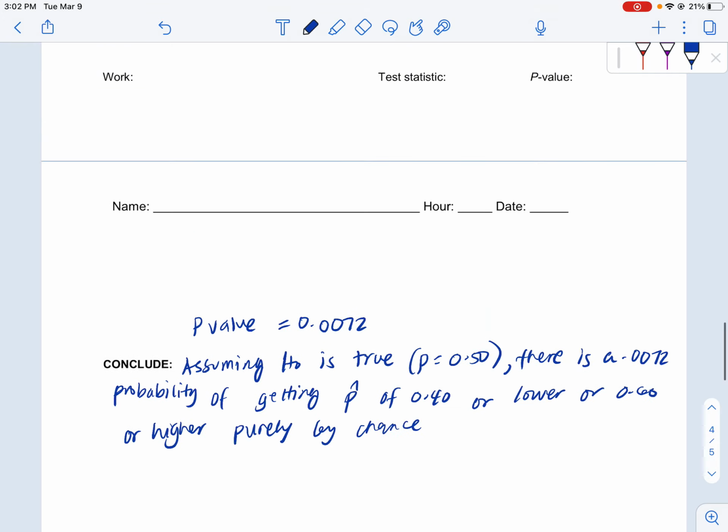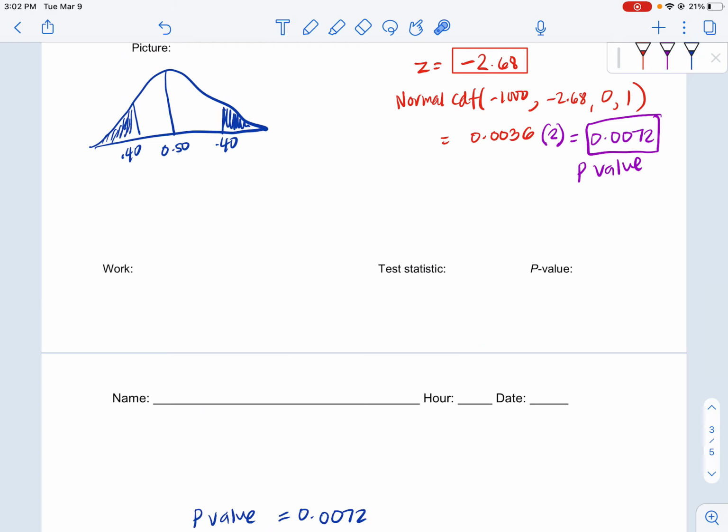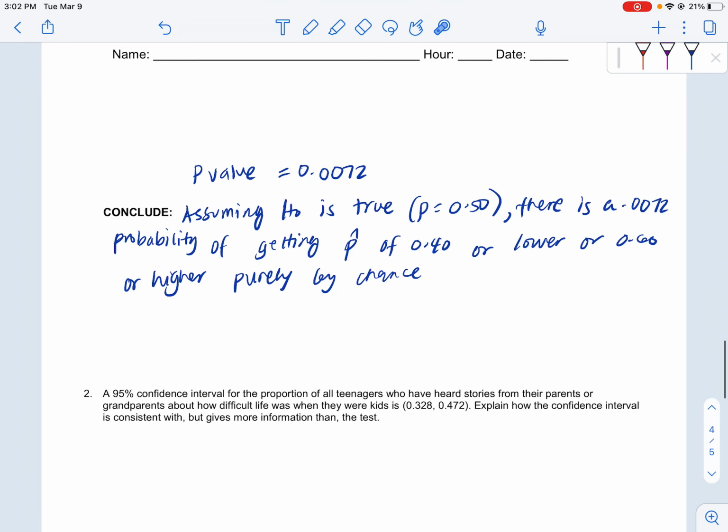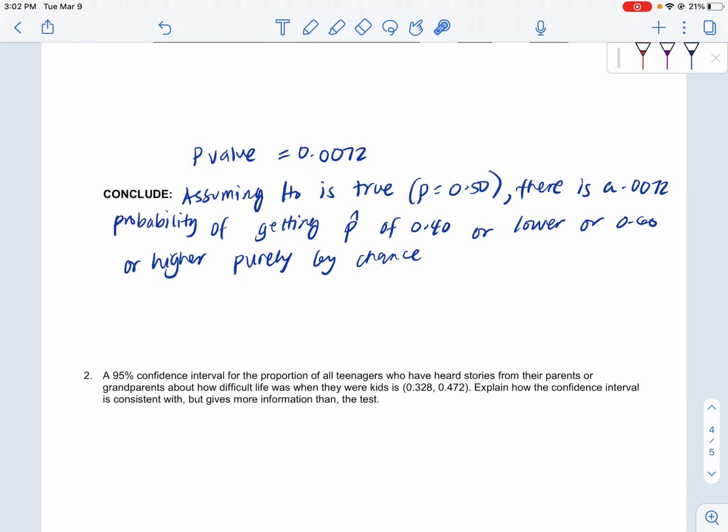So you see this? This is 0.40 or lower, or 0.60 or higher. So what's the probability of getting either on both sides? Purely by chance.